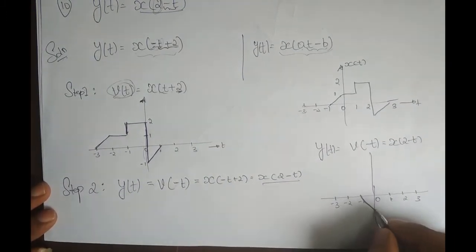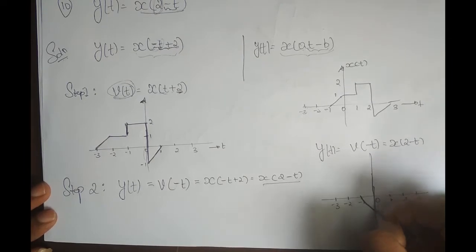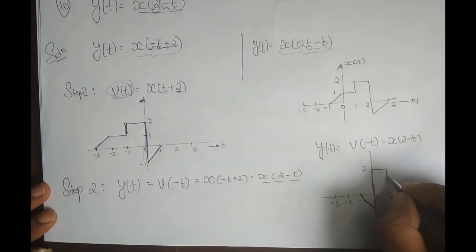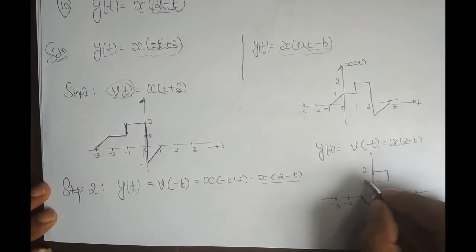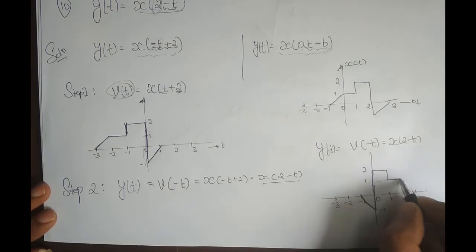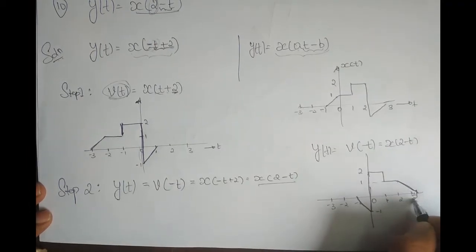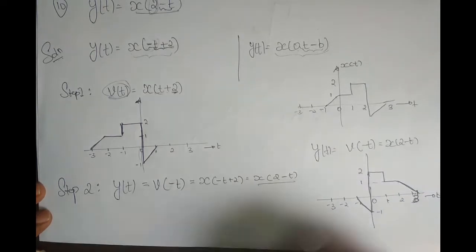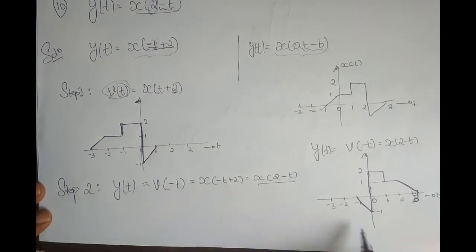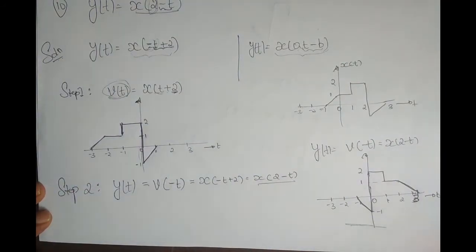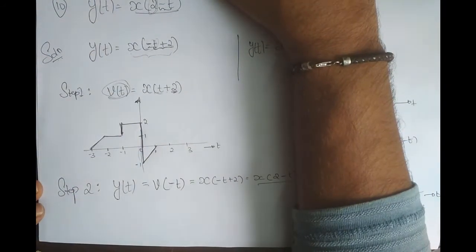So this is minus 1, and it rises, goes to amplitude 2, stays at amplitude 2, comes down and stays at amplitude 1, then varies from 1 to 2, and goes back to 3. This is the amplitude, and this is the t axis. Okay, so this is our resultant y of t, which is x of 2 minus t.